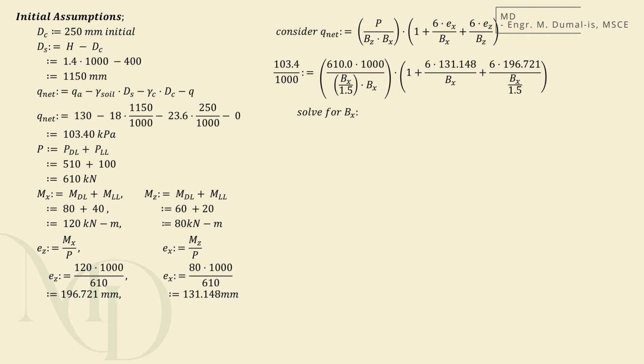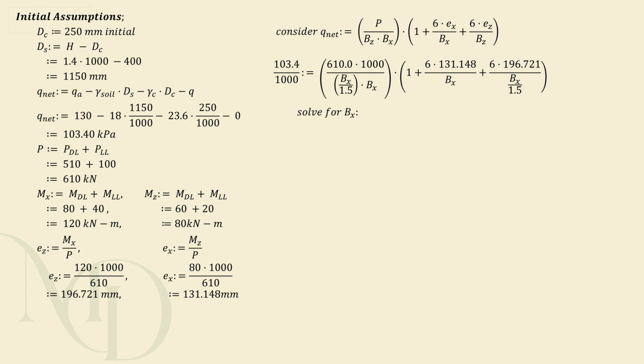Since we have all that we need, we can now build the equation for the actual soil pressure using the modified general form of the stress equation. Moving forward, by plugging all known parameters, including the dimension factor of 1.5, and by assuming the actual stress equals the net soil-bearing capacity, the algebra simplifies.